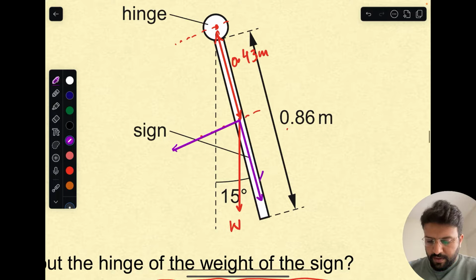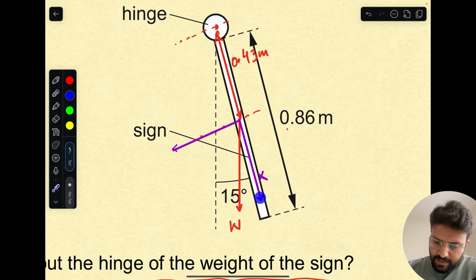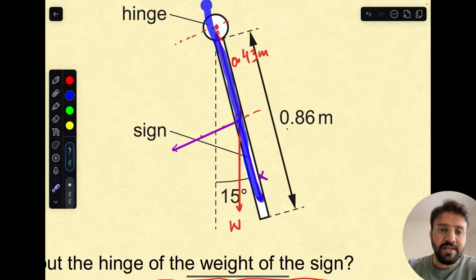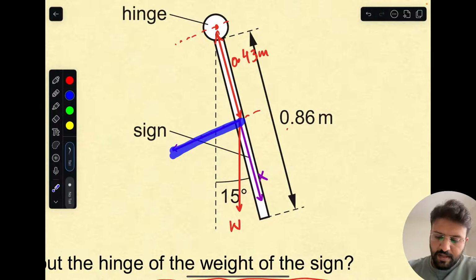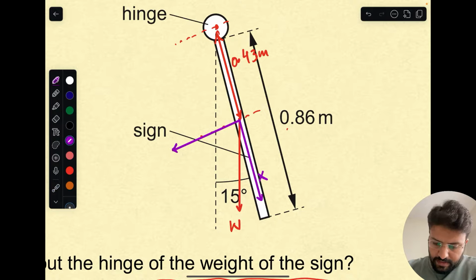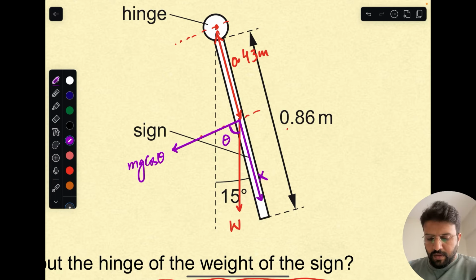We are not interested in this one because the line of action of this component is passing through the pivot point, so it will not produce any moment. We are interested in this one. So if this is the weight, and this is the angle theta, this will be mg cos theta. The most common mistake is that students consider this theta as 15 degrees.